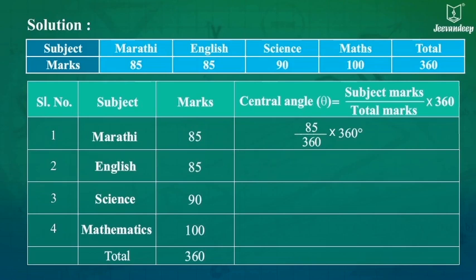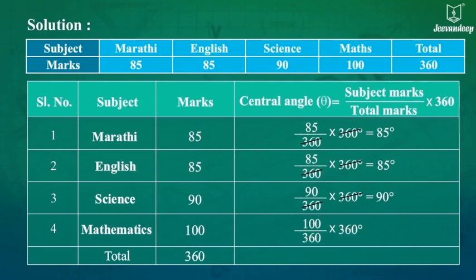The measure of central angle for Marathi as calculated is 85 degrees. The measure of central angle for English as calculated is 85 degrees. The measure of central angle for science is 90 degrees as per calculation. And the measure of central angle for mathematics as per calculation is 100 degrees.